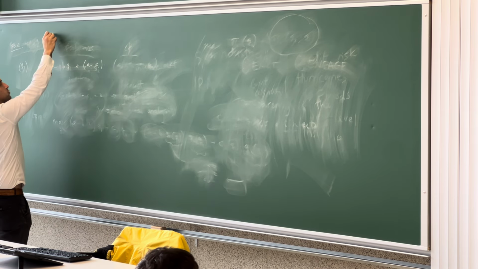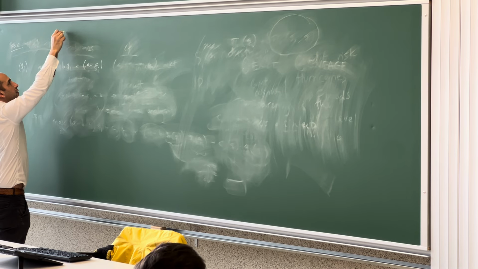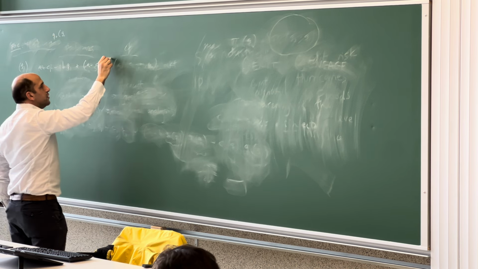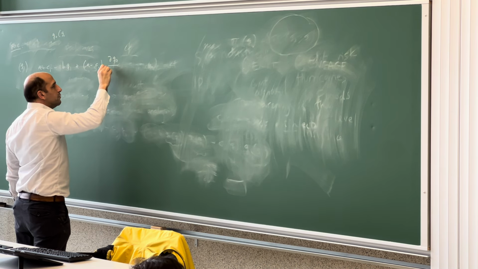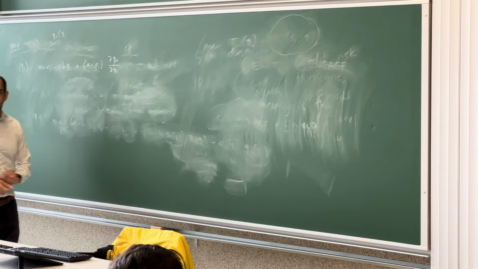But what's Q2? Remember, Q2 of Q1. Well, you know what? I'm just going to call it the derivative of Q2 with respect to Q1. For now. This is going to appear many times.